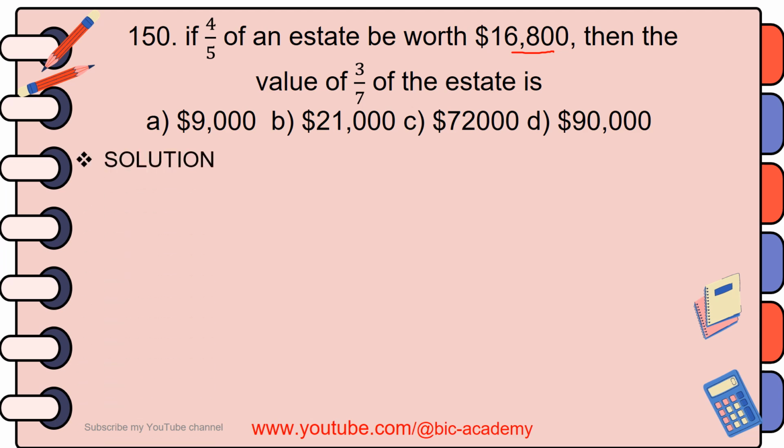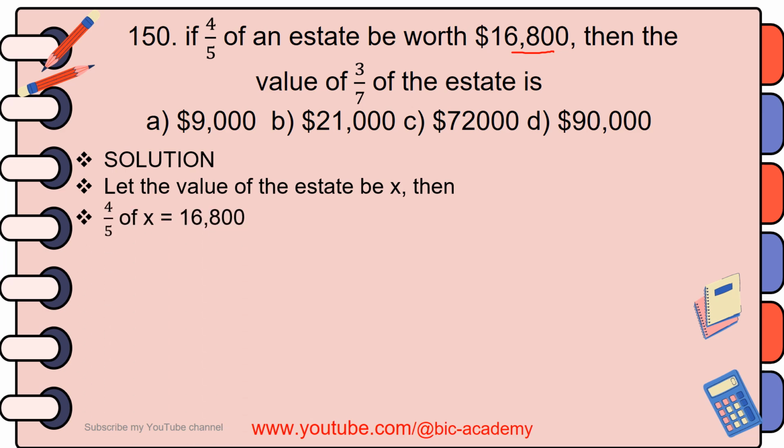So to get the answer for this question, let the value of the estate be X. Since we don't know the value of the estate, we have to represent it by the letter X. Then 4/5 of X is equal to 16,800. You can rewrite this as 4x/5 is equal to 16,800.